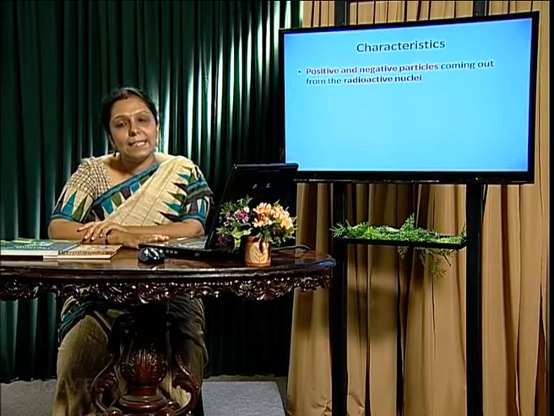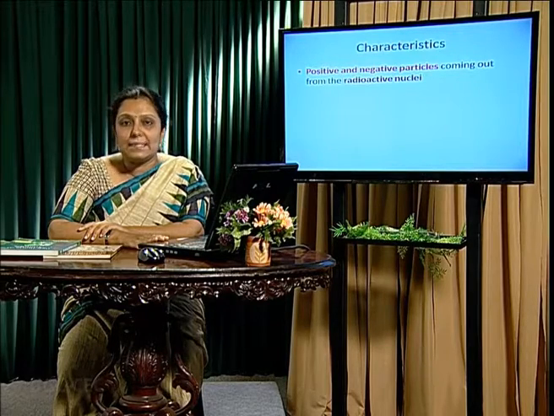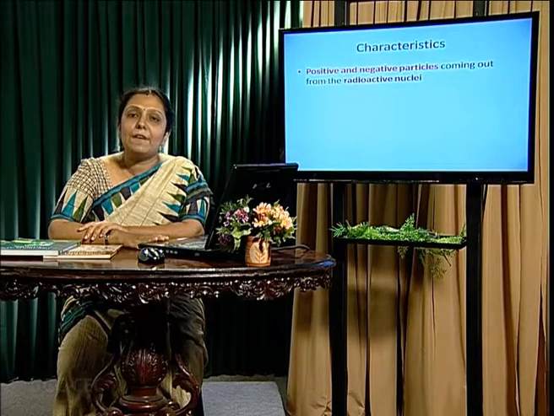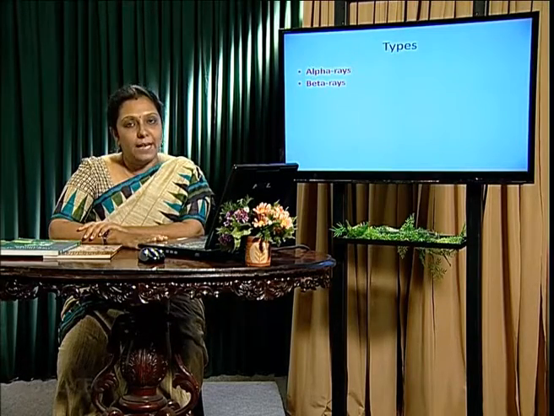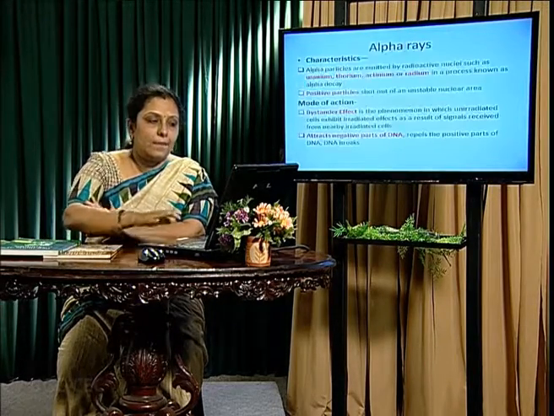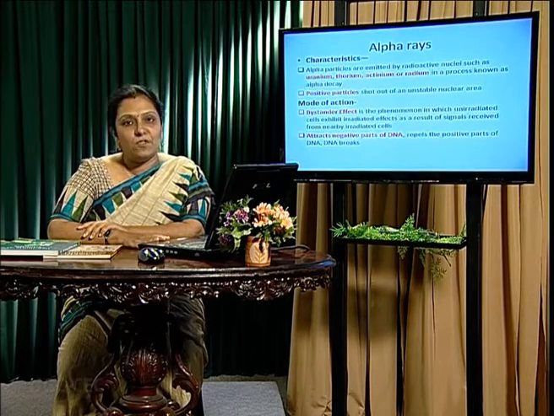So, characteristics include the positive and negative particles coming out from radioactive unstable nuclei. Types include alpha ray as well as beta ray. First, in the case of alpha ray, I will talk about characteristics and mode of action.